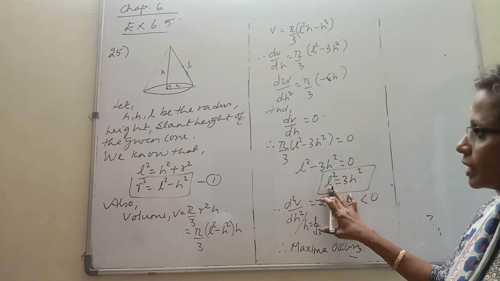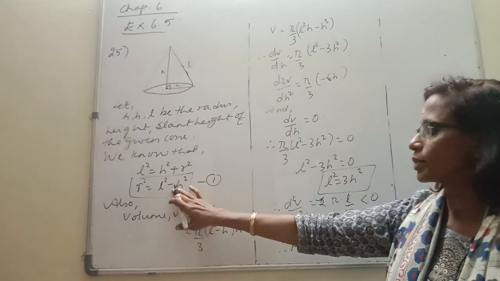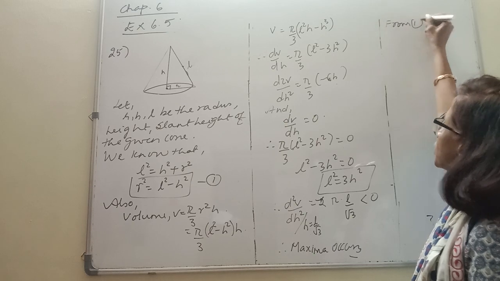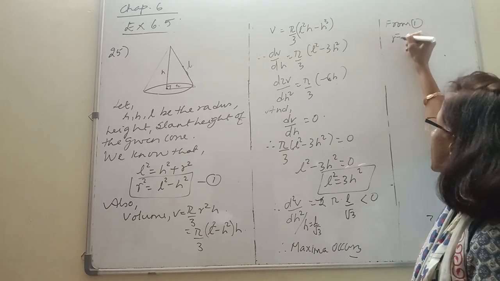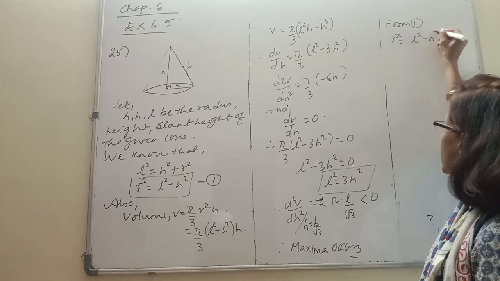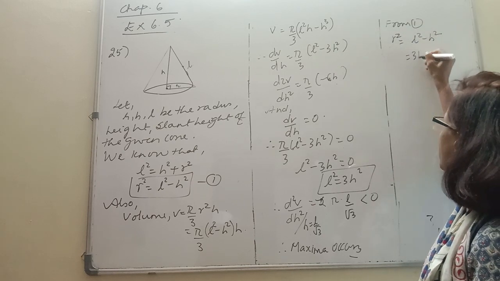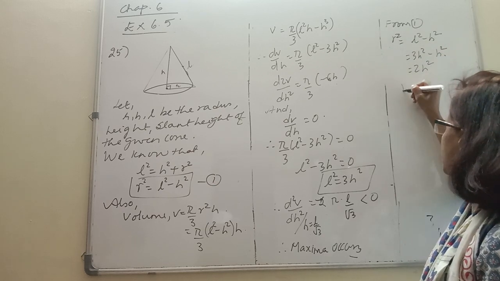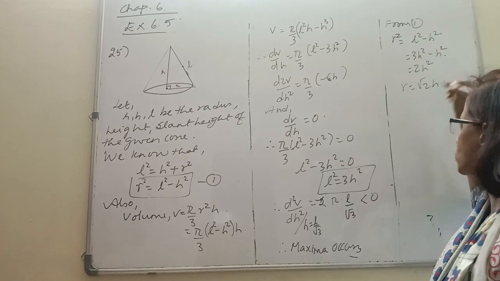Now let's see how we can get r. Let's quickly catch hold of this equation 1. From 1, you have r squared as l squared minus h squared, but l squared is already 3h squared. So therefore it will be 2h squared, which makes r equal to root 2 times h when you take the square root.